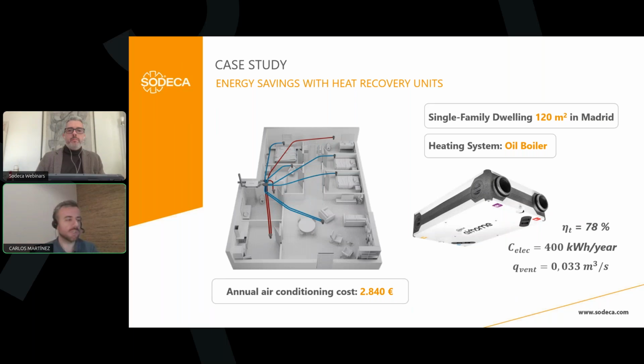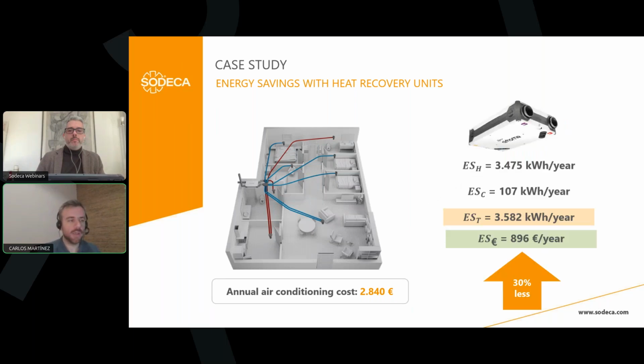We are only introducing a heat recovery unit in a single family dwelling that did not have one in the past. Okay, so this is an example of a single family dwelling in Madrid with a heating system of a classical oil boiler, a cooling system using, for example, air conditioning, and this is more or less the annual air conditioning cost.